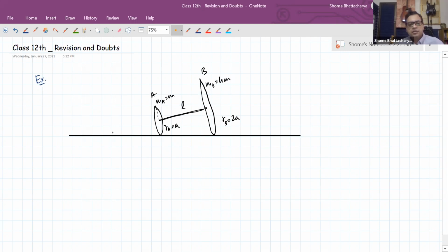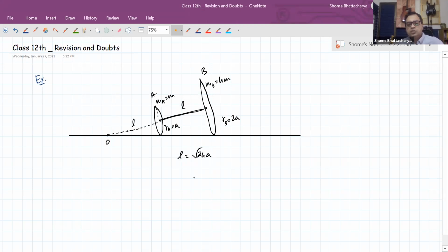Further, this arrangement is such that if you draw this line further, it intersects the rough horizontal surface at the point O, and it is given to us that L is equal to square root of 24A.